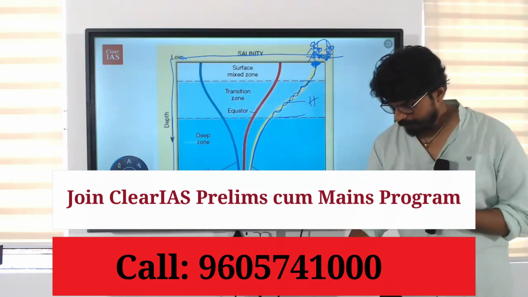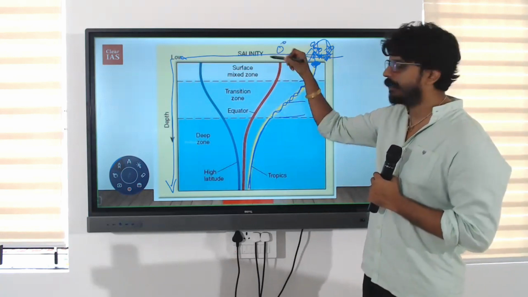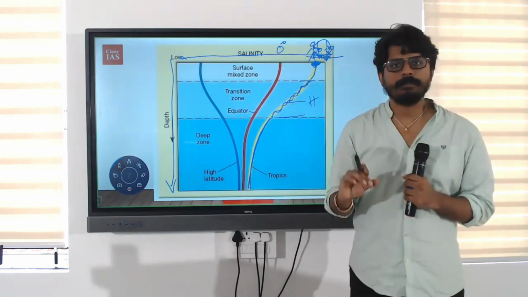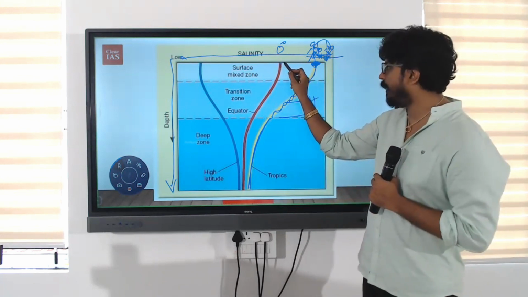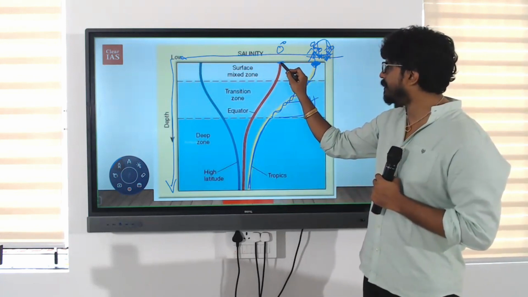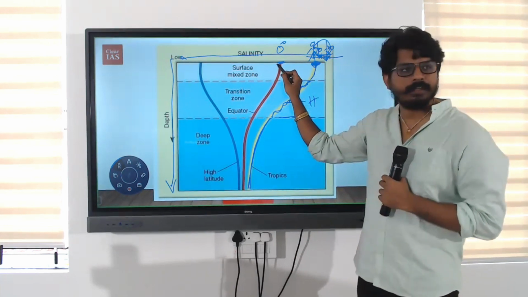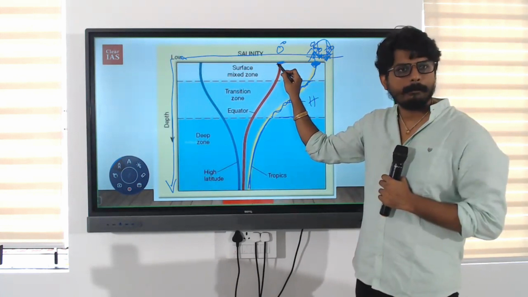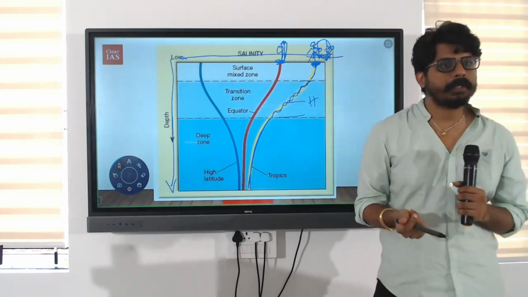Now we again pull Disha out and we take her over the equator, 0 degree. And we again drop her with a stone. What will happen? She saw that the surface salinity is high, but comparatively lower than at 20 to 30 degrees. Why? Very good. There is daily precipitation happening near the equatorial regions.